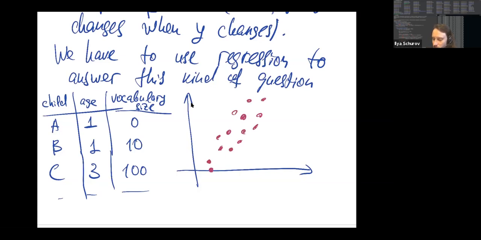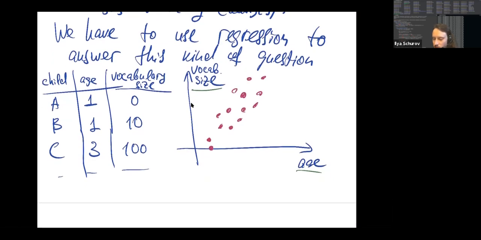And horizontal axis is age, and vertical axis is vocabulary size. So we can ask a very natural question. How fast does children's vocabulary increase?